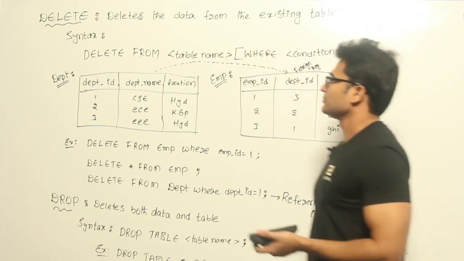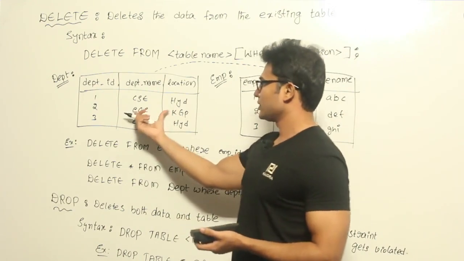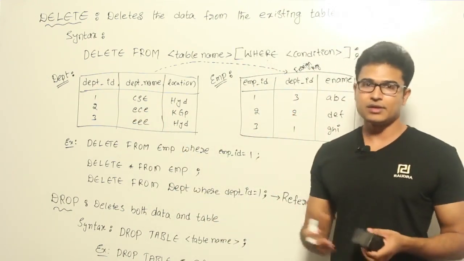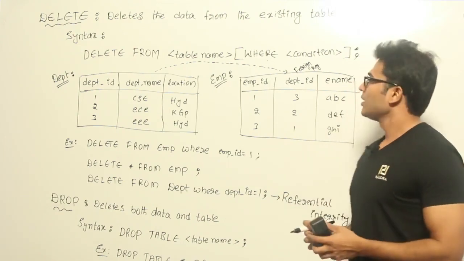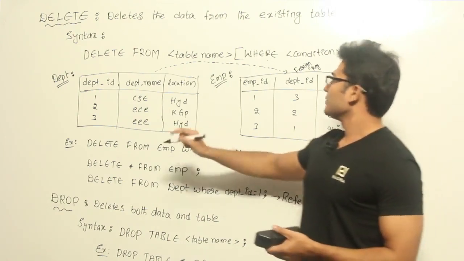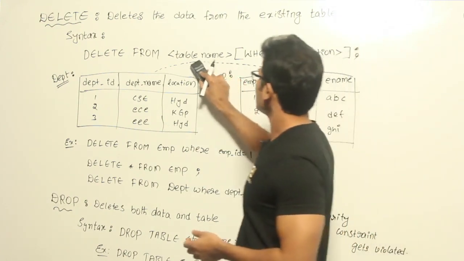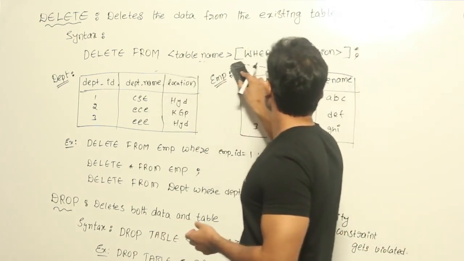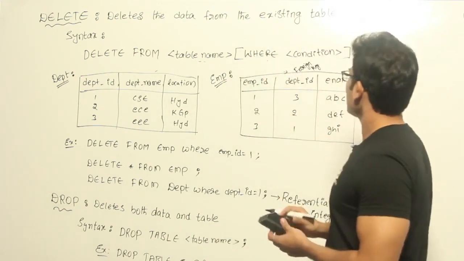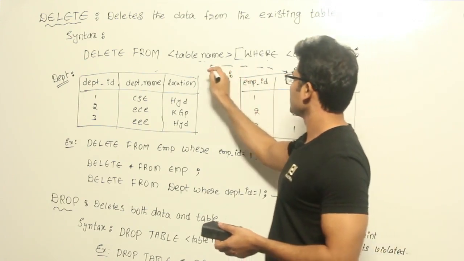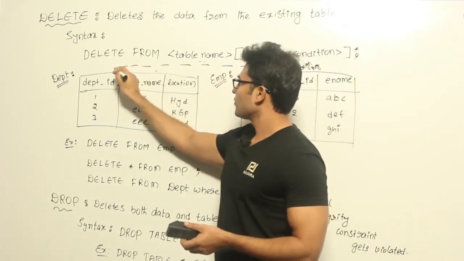Now let us say we have two tables, one is the department table and the other is the employee table. These two tables we have already created in the previous example, right? Now assume that the department ID of employee is referring to the department ID of the department.